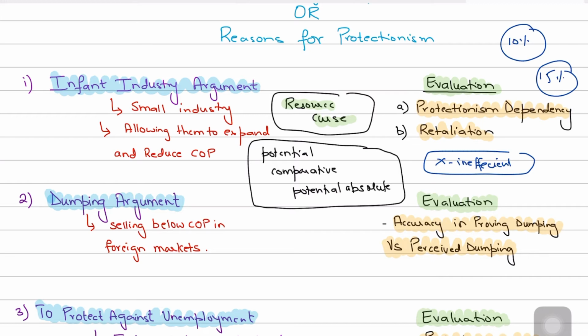Instead of gains from trade taking place, it has resulted in negative gains, in the sense that instead of being better off, the country is worse off, because the extent of retaliation exceeded the extent of the tariff that you had actually imposed, right?